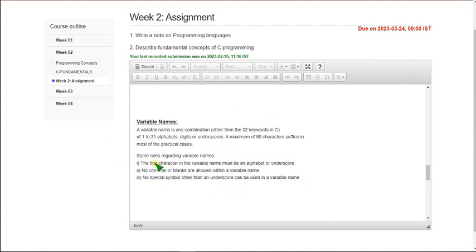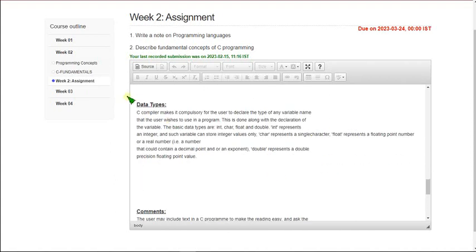The first character should be an alphabet or underscore; we should not use any number or any other special character as the first character. Next, no commas or blanks should be allowed, and third, no special symbol other than underscore can be used. Hope you have noted it down. You can stop the video here and take a screenshot.